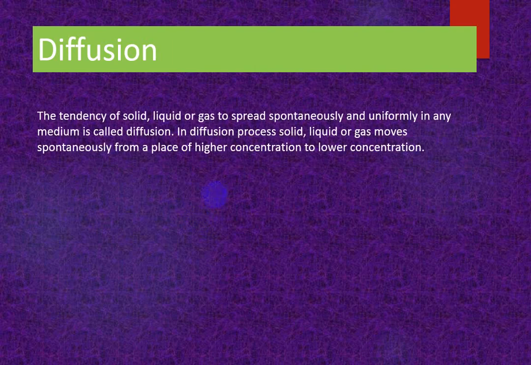The tendency of solid, liquid or gas to spread spontaneously and uniformly in any medium is called diffusion. In the diffusion process, solid, liquid or gas moves spontaneously from a place of higher concentration to lower concentration.